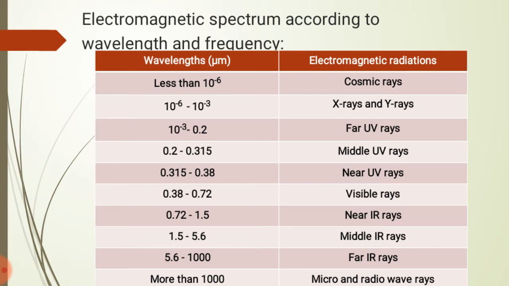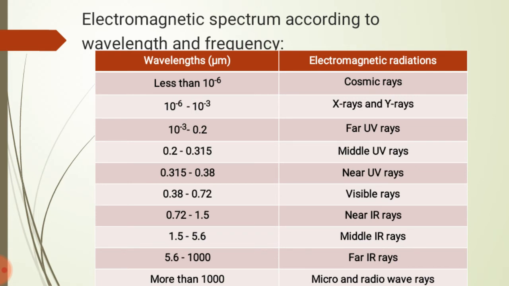Now the next is the middle IR rays. The wavelength of the middle IR rays lies between 1.5 to 5.6 micrometer. Next is the far IR rays or far infrared radiation. The wavelength of the far infrared radiation lies between 5.6 to 1000 micrometer.